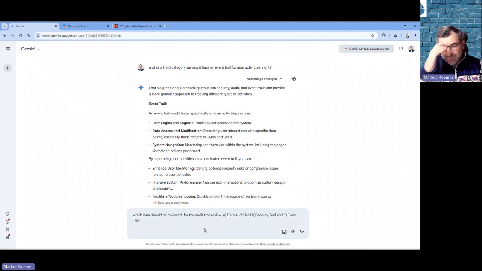The correct answer would be data audit trail as part of the product quality review, security trail during internal audits and security audits, and event trails as part of the normal batch record review.